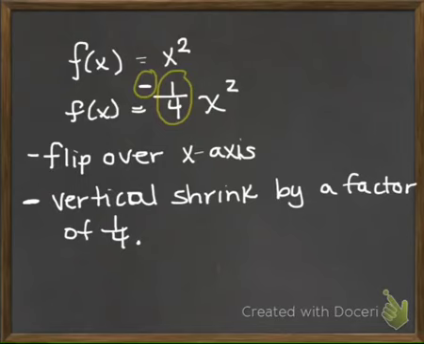Something else that we could use to describe something like this is some people will call it a vertical shrink, while some people say that it gets wider. So it's the same type of thing. Just as when you have a vertical stretch, it gets narrower. So this is one way to describe what happens here.